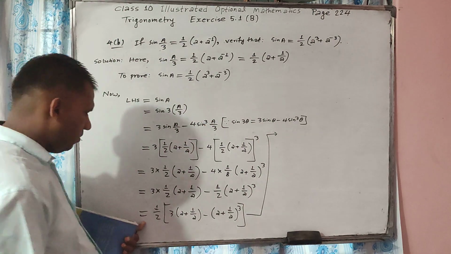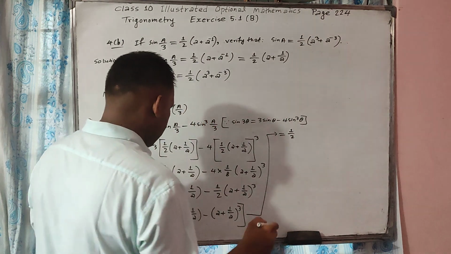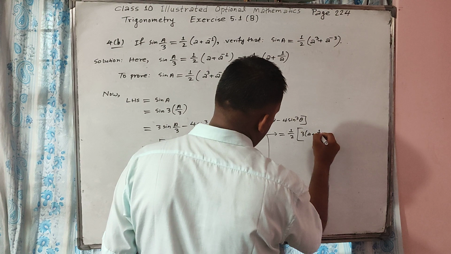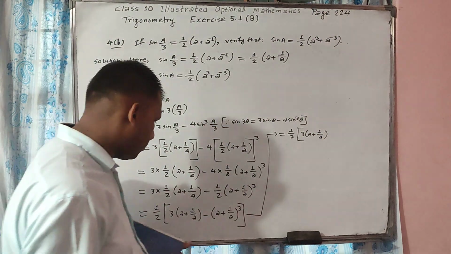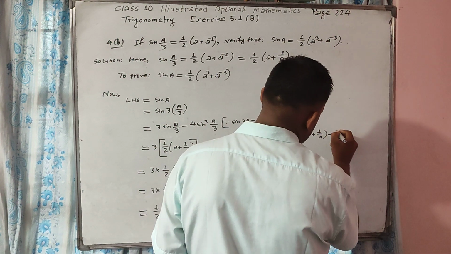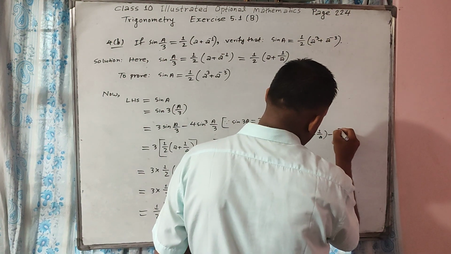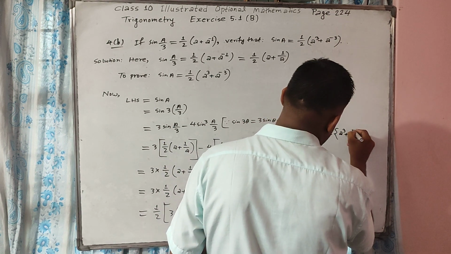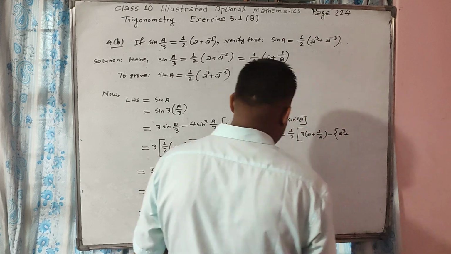Now 1 by 2 equals 1 by 2, 3 times a plus 1 by a. Now a plus b whole cube, its formula is a plus b whole cube, that is a cube plus b cube plus 3ab times a plus b.